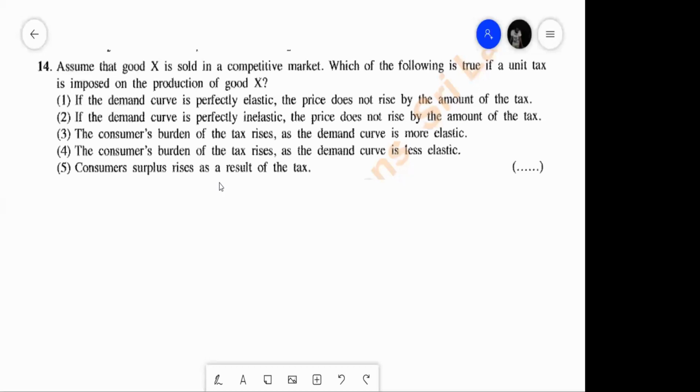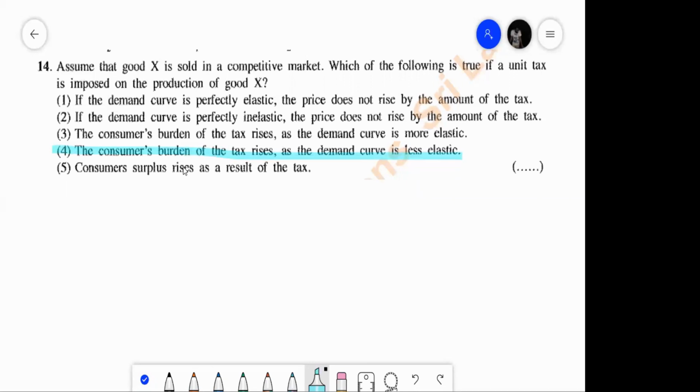So if you look at answer number 4, it says consumer burden of the tax rises as demand is less elastic. Guys, less elastic means inelastic. So when demand is inelastic, consumers' tax burden tends to increase. So that is the answer there.